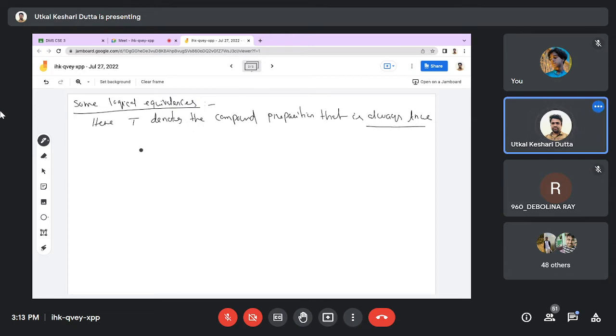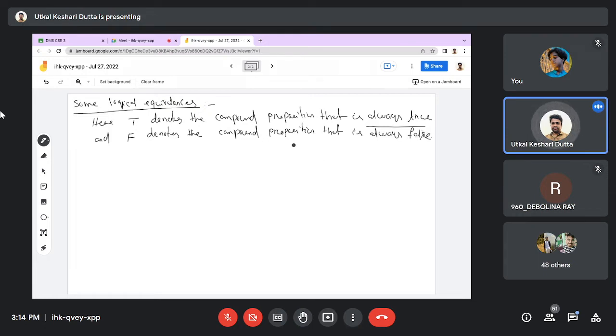Always true means which category? It is a tautology. And let capital F denote, just for notation, not true, false, a compound proposition that is always false.